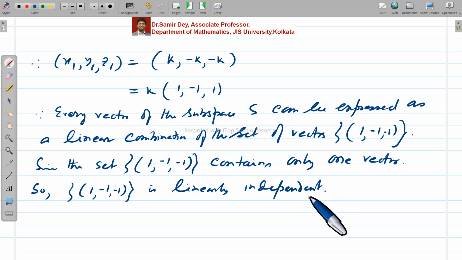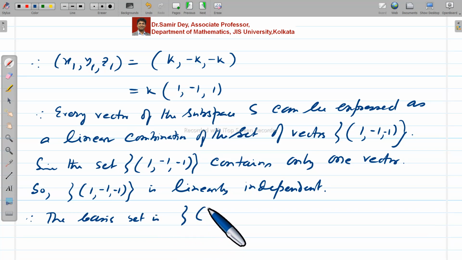Okay, if one vector is there, no comparison, so one is independent. Therefore the basis set is this one, (1, minus 1, minus 1). Clear? Now dimension. What is the dimension? So how many vectors you have? 1. So dimension is 1.